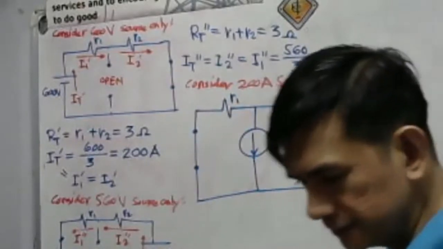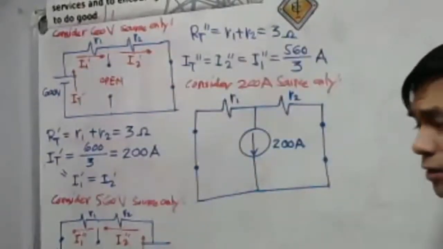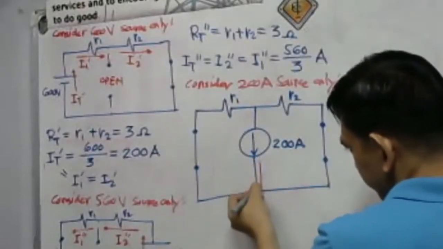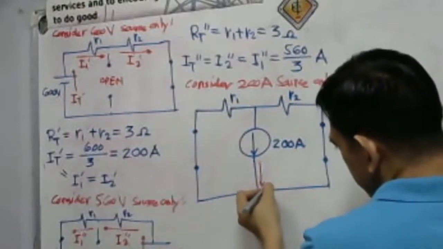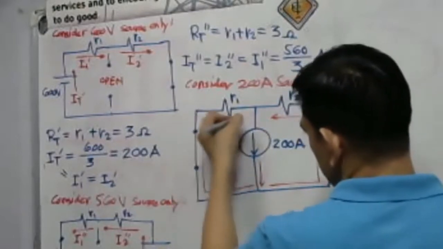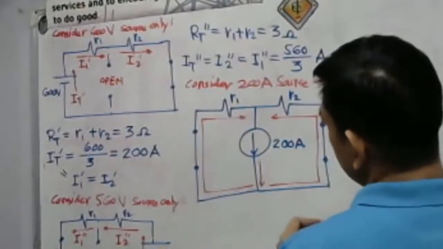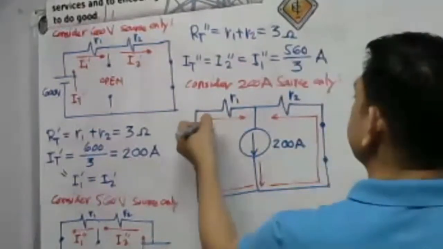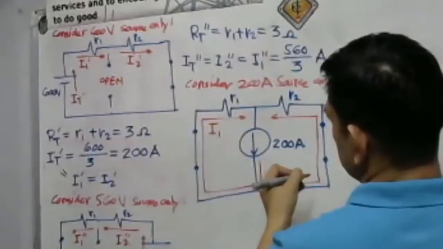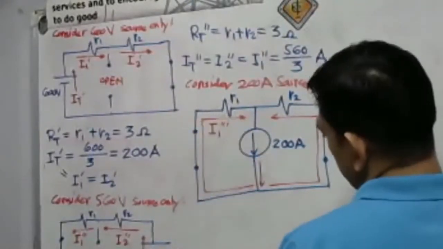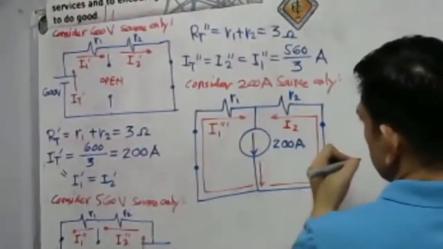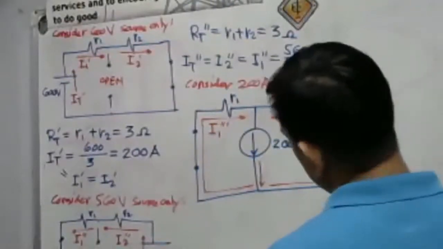Take a look here, guys. By Kirchhoff's current law, we may say there is 200 ampere flowing here, then it will divide into two. I will let this be I1 triple prime, and this is I2 triple prime.